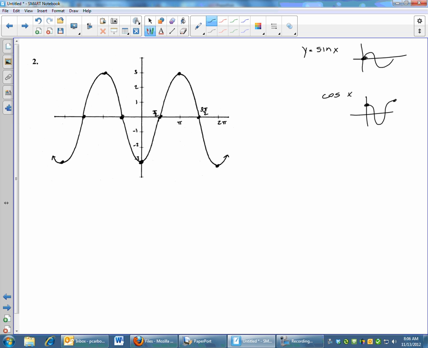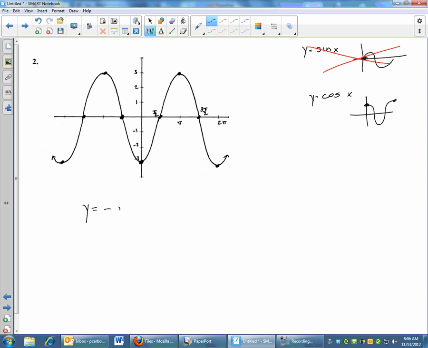So based on those two, this thing is not starting at the origin, so I'm going to rule out sine. This starts away from the origin, which means it's going to be cosine, except this starts down here at -3, below the x-axis.